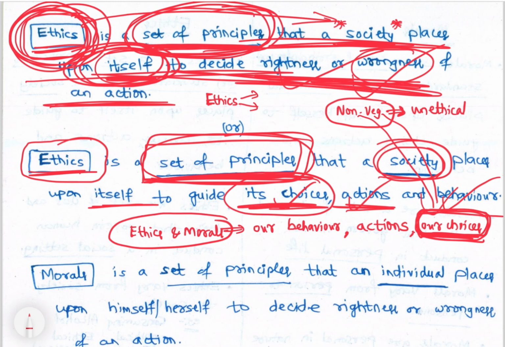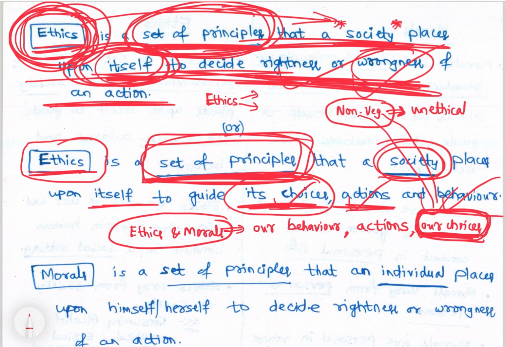If you go to South India, eating non-veg is common. If you go to places like Rajasthan and North India, eating non-veg is considered unethical. If you go to Japan, everyone eats non-veg. In Western society, everyone eats non-veg. Their major source of food is non-veg.